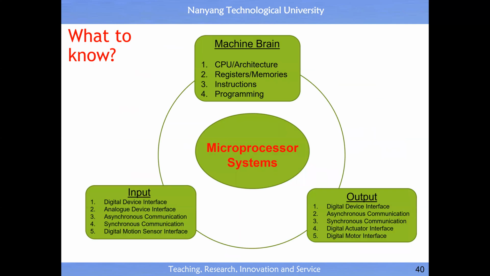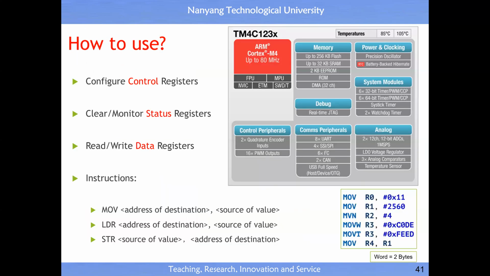And okay, if you want to know more about the microcontroller, then you need to study all these topics. But here, the benefit of this course is I give you a few lectures. Actually, you more or less know the capability of this microcontroller, right? So you have software, you have hardware, how to interface input. Interface is to interface with the sensor, output. Next week, we'll study output to interface with the actuator, right?